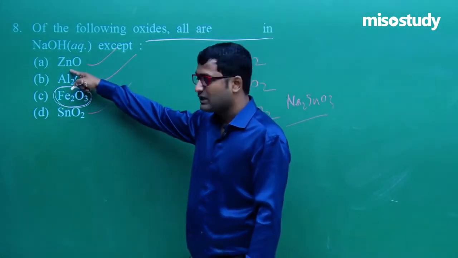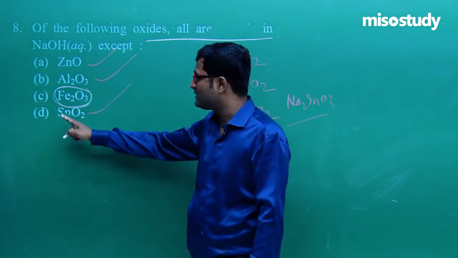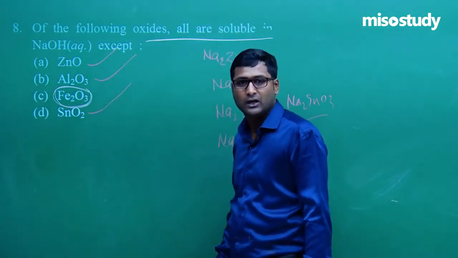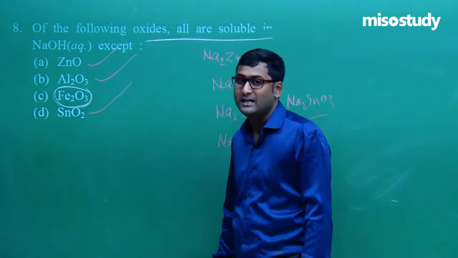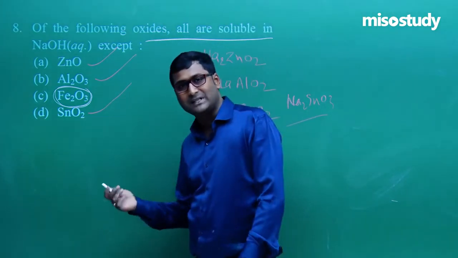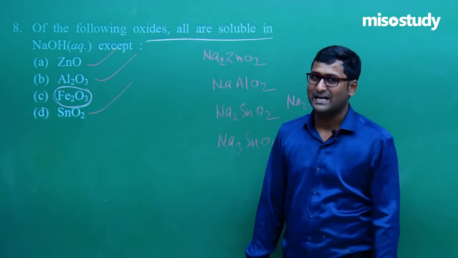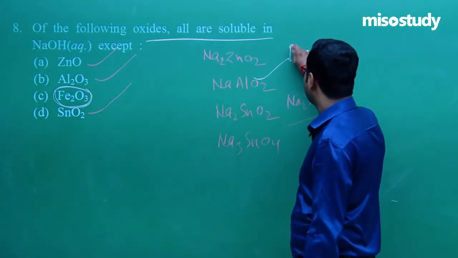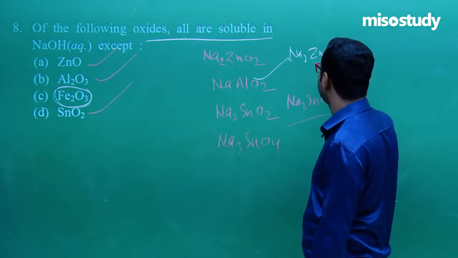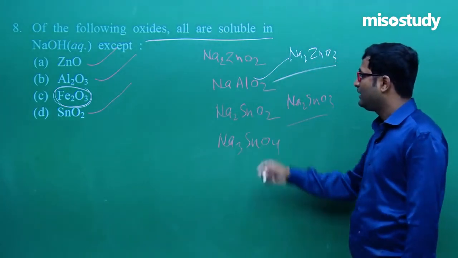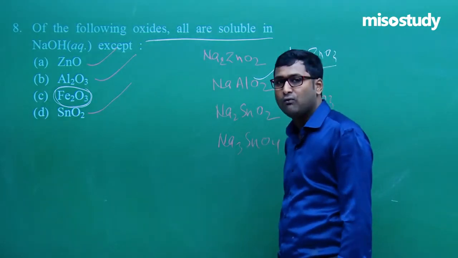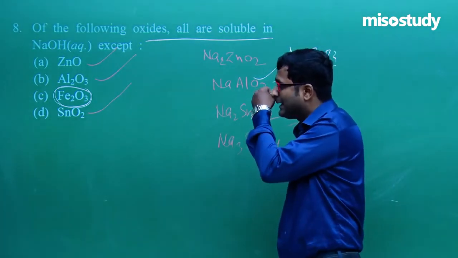But ZnO, Al2O3, SnO2 are metal oxides that are amphoteric, which is the exceptional case, so they can react with acid as well as base. Which is the correct option?